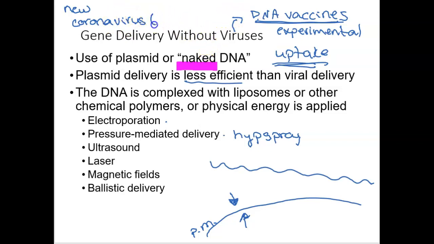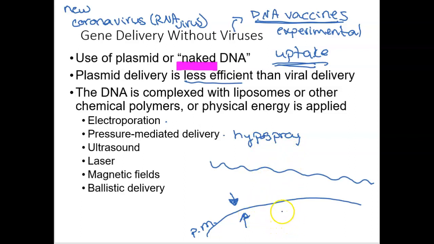So remember, coronavirus is an RNA virus. But if you, in a lab, in a test tube, make the equivalent sequence out of DNA, and then the DNA somehow, through one of these methods, gets into the patient's cells. Maybe you give them a hypospray, whatever it is, it gets into their cells.